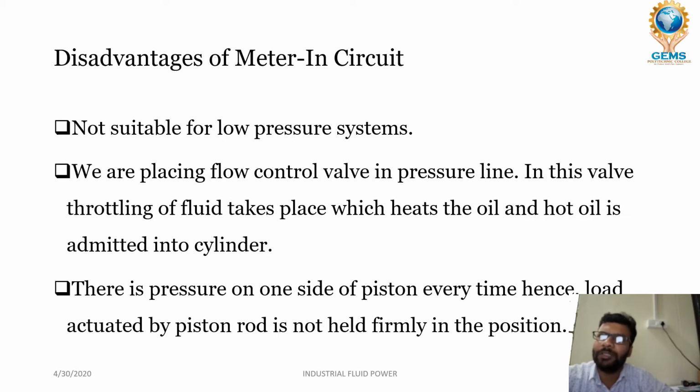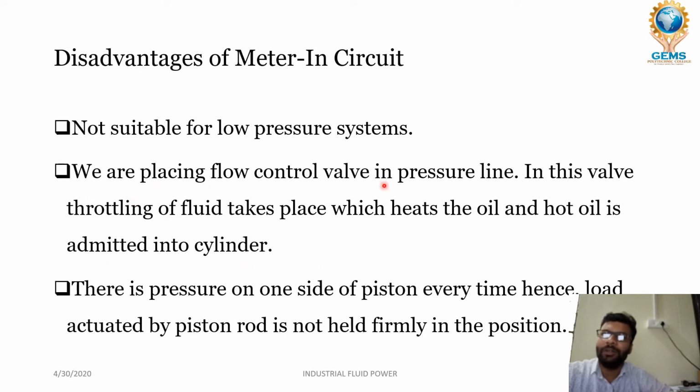And some disadvantages of metering circuits: it is not suitable for low pressure systems. We are placing the flow control valve in the pressure line. In this valve, throttling of fluid takes place, which heats the oil, and hot oil is admitted into the cylinder.